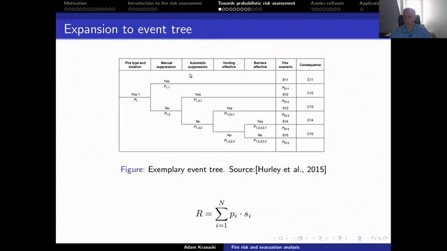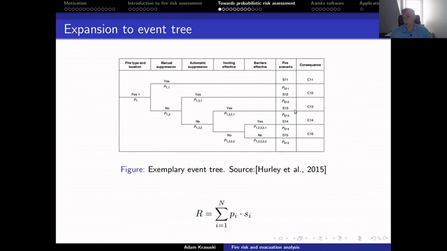For example, here we have an exemplary event tree. We have the probability that a fire starts in some location, and the probability that it will be manually suppressed, and the probability can come from statistics. Then if there is a sprinkler system, the probability that the sprinkler system failed. And if the sprinkler system failed, the effectiveness of the venting system, the probability that it will operate correctly and remove the smoke, and whether the other barriers are effective or not.